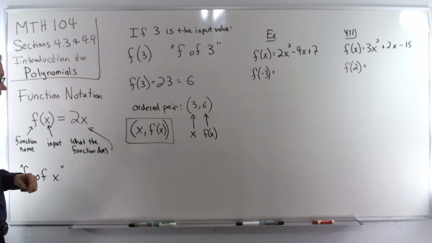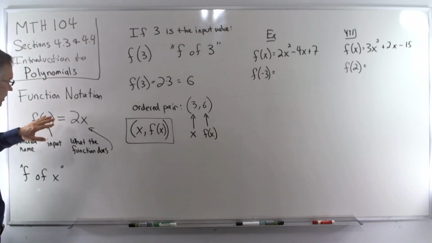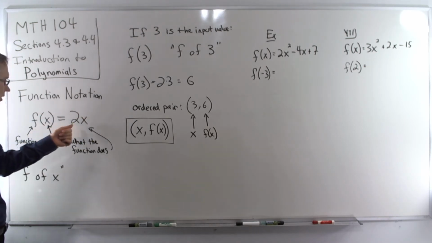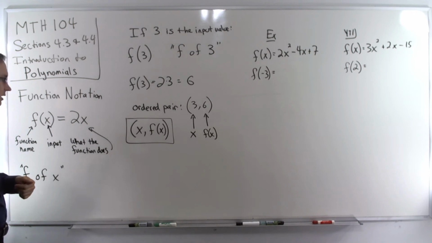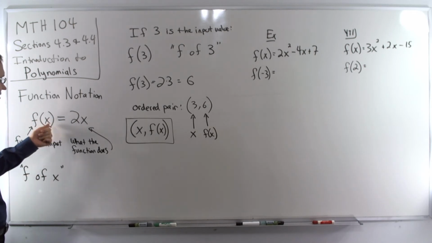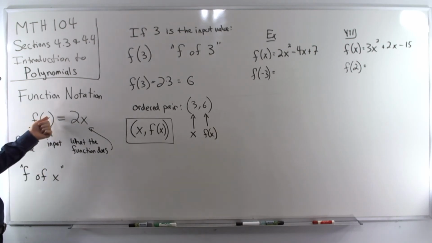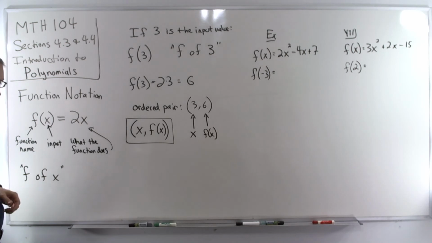That variable is the input, and that variable is what will appear over here in the equation. If we have an x here, we're going to have x's in the equation over here. We could have x's and y's here, and that would mean we have an equation with x's and y's in it. So basically, what's in the parentheses declares what kind of variables you're going to see in the equation.